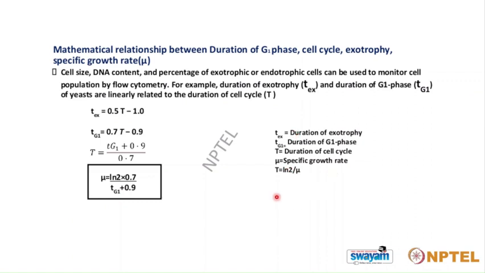So how did this mathematical relation come? How is ln 2 by mu related to the duration of cell cycle?